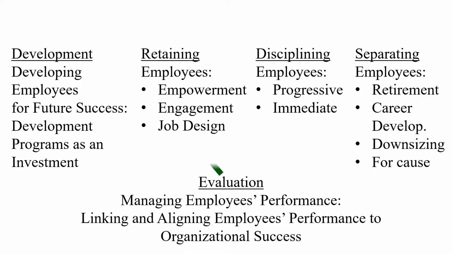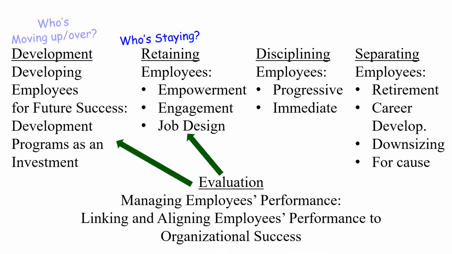Our evaluation can support retaining, who's staying, focusing on our workforce to provide empowerment, engagement, and job designs that support the organizational goals. We use evaluation for supporting development, who's moving up or over, who has the potential for doing more for the organization at a higher level or an adjacent level.